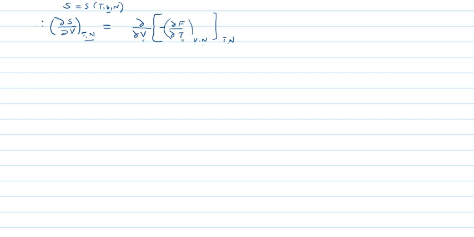Now I told you that we have the Schwarz theorem, which says that the order of differentiation of an analytic function of two variables is irrelevant. The function here is the thermodynamic potential F. So the order of differentiation should be irrelevant, and I can interchange the order of the derivatives.